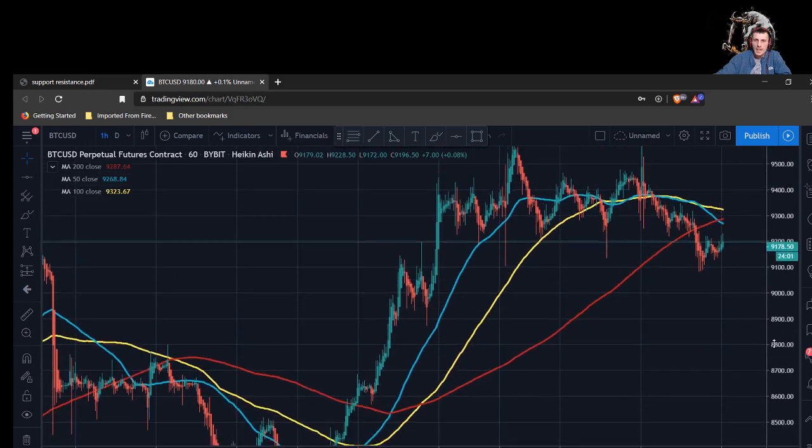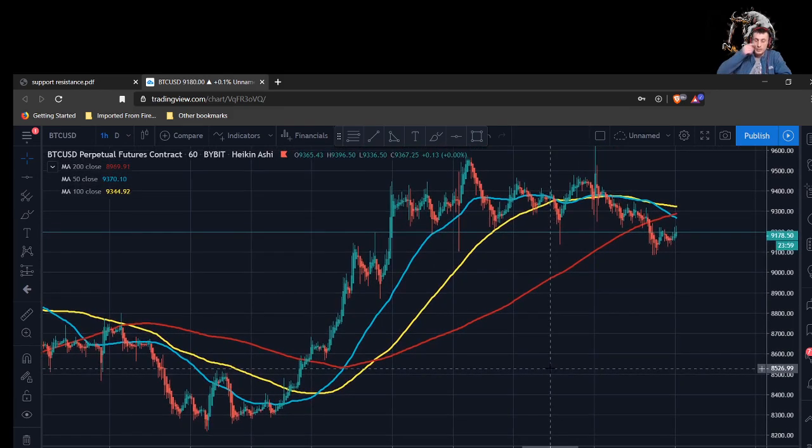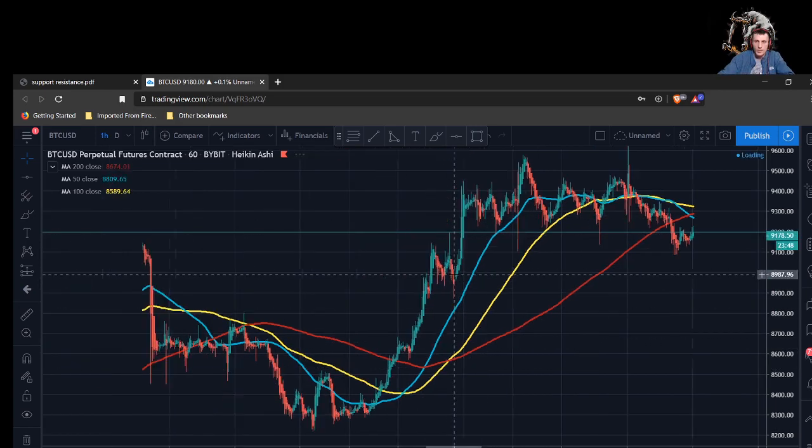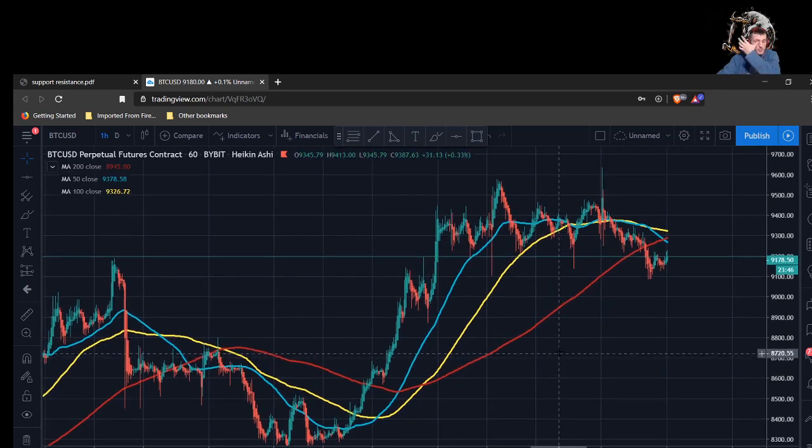Alright, when using moving averages and using them to trade, you want your short moving average on top of your longer moving averages. And as you can see, that is how it worked out right here on one of the recent pumps we had on Bitcoin.